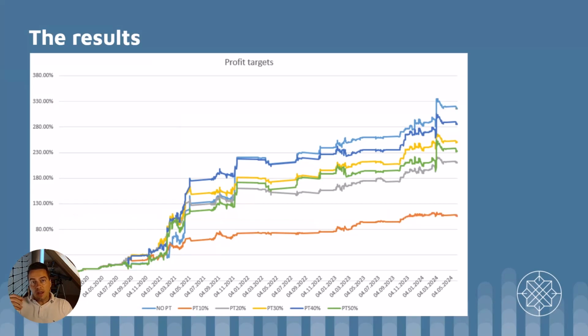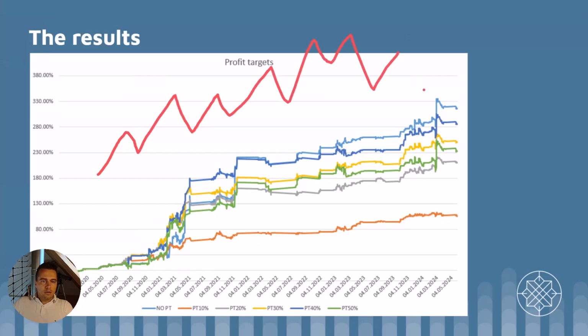Of course, there are disadvantages if you don't trade with a profit target. And the main disadvantage is that your equity curve is slightly more volatile. You can see it, for example, here compared to here. But volatility over the long term for us is a benefit. We just have to be patient and we need to understand the market, because the market doesn't care about our profit targets.